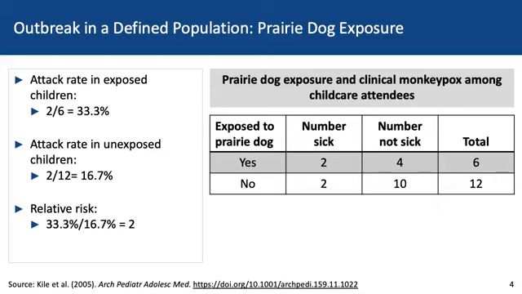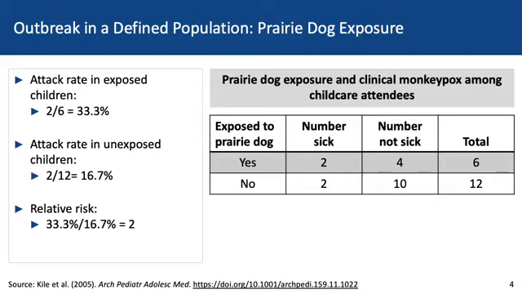Now we want to calculate some attack rates. The attack rate in exposed children is the number of children who were exposed to prairie dogs who got sick, 2, divided by the total number of children exposed to prairie dogs, 6. So the attack rate is around 33%. The attack rate in unexposed children is the number of children who got sick who were not exposed to prairie dogs, 2, divided by the total number of children who were not exposed to prairie dogs, 12.